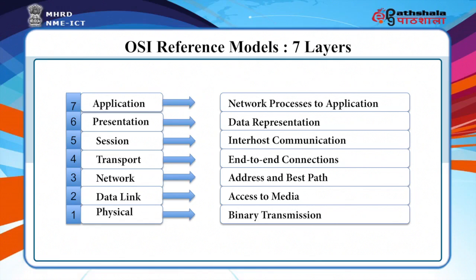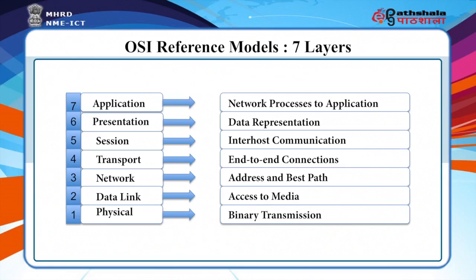I will now spell out all the layers, but it is not easy for novice and new students to understand and recall all the names, so I will introduce a technique. The physical layer is the first layer, and application is the last layer. Over the physical layer, it is the data link layer, then network layer, then transport layer, then session layer, after that presentation, and finally the application layer.